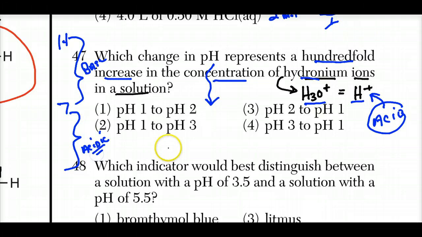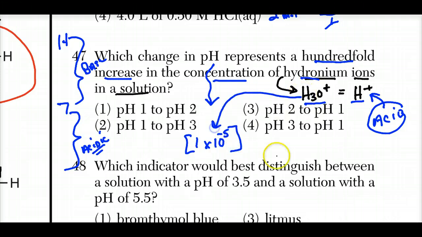Something you need to know. And the reasoning behind that is, let's say 1 times 10 to the negative 5 concentration for the hydronium. What's the pH of that? Well, you should know from your chem classes, the pH is the negative log of this, which is really the positive value of this exponent, if there's a 1 there, of course. So the pH is 5.